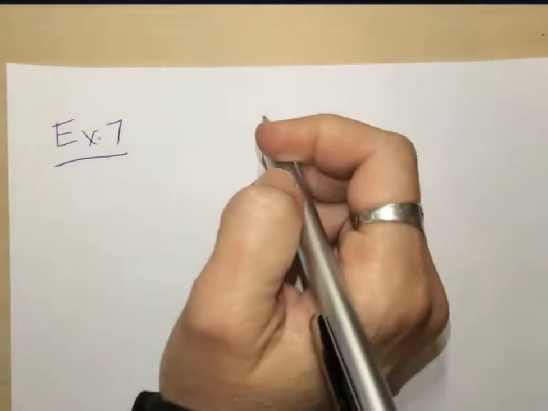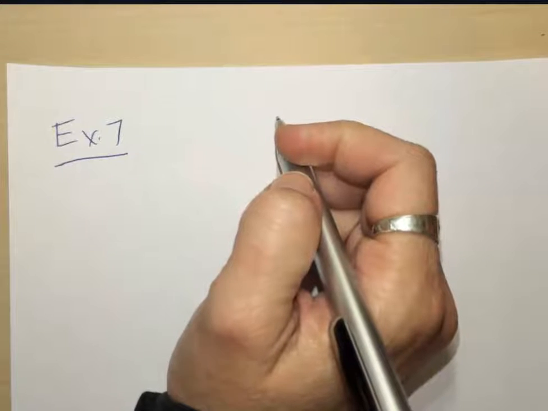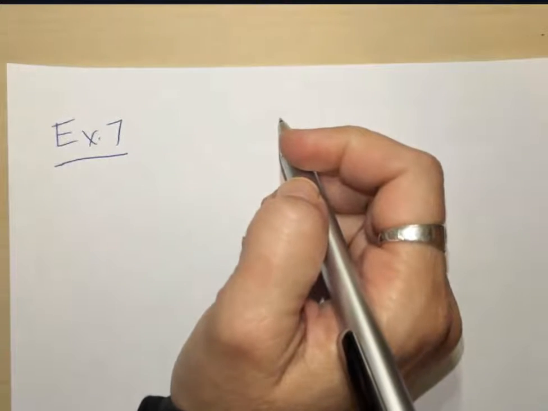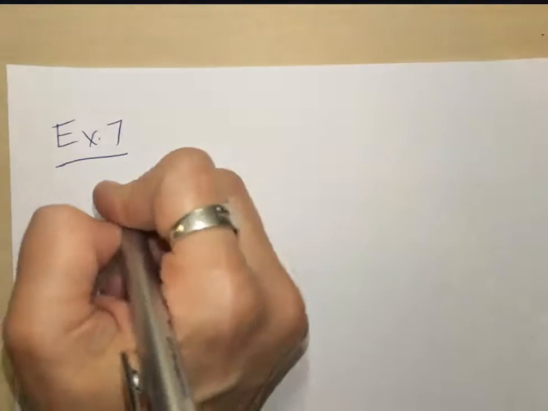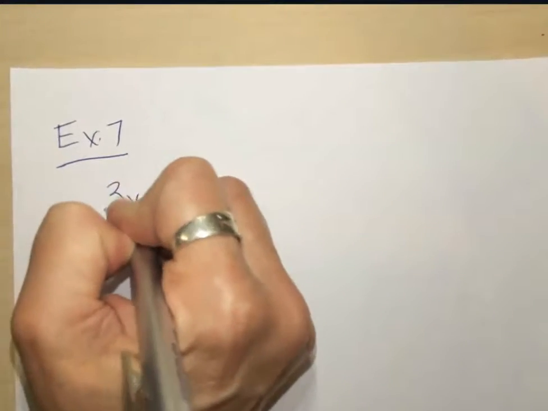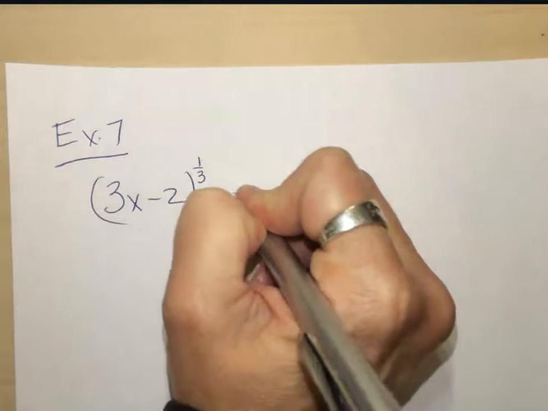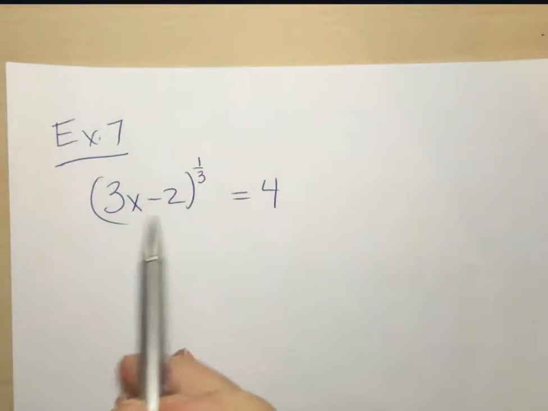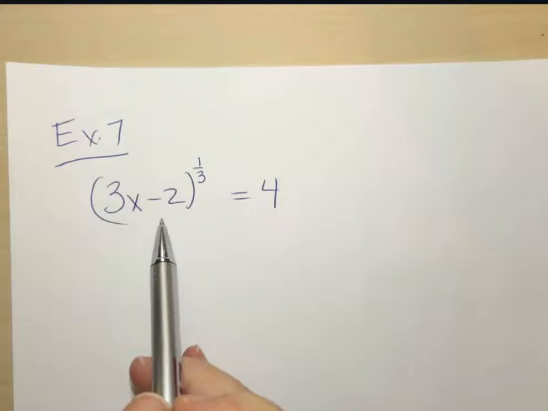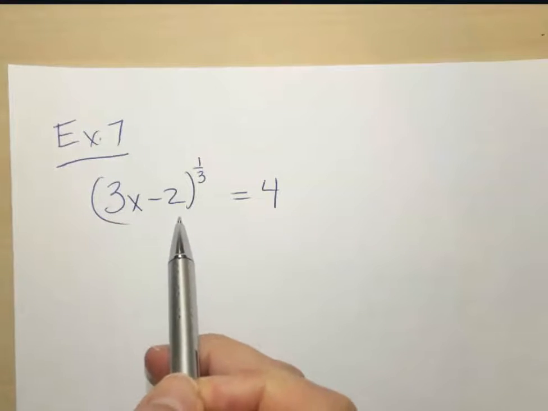What if I have something that looks like this? 3x minus 2 raised to the 1/3 power equals 4. Now, that's really just saying the cubed root of this, right? So, how do we undo a cube root? We cube it.